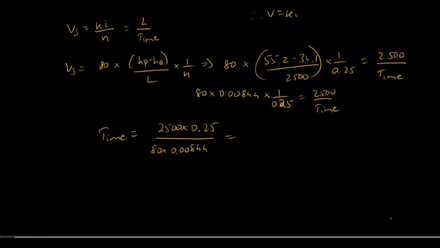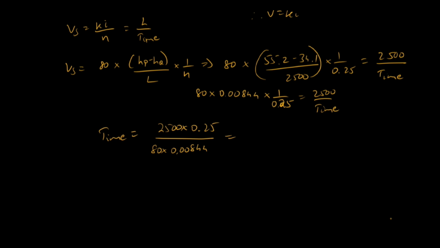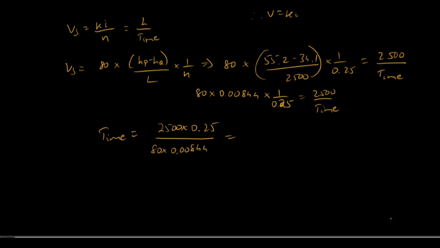We'll calculate this value. 2500 into 0.25 divided by 80 into 0.00844, which gives 925.651 days, which is approximately 926 days.